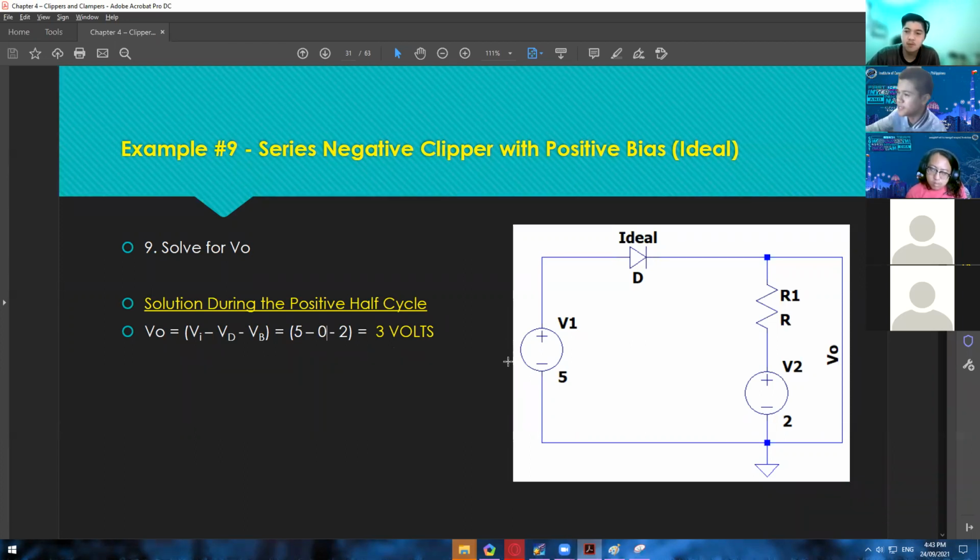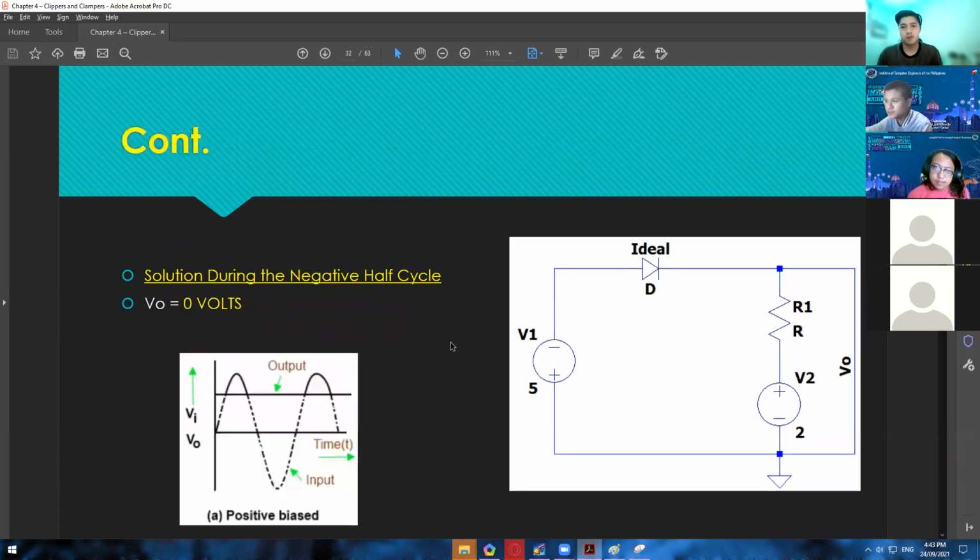So are we clear on how did we get this 3 volts right here? All right, and then during the negative half cycle, so negative is connected to the positive, and then positive is connected to the negative, so reverse bias.